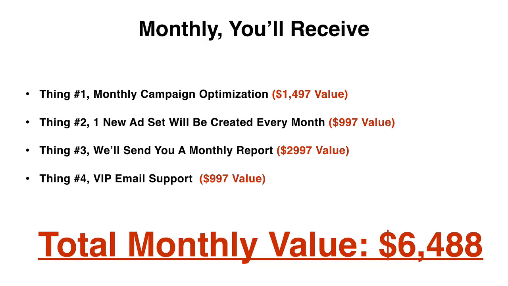This could be that seasonal offer or holiday offer that we talked about so that we can get a bunch of new customers and reactivation type of customers back into your business. And then thing number 3 is we'll send you a monthly report. And finally, you're gonna get VIP email support as well. This is a total monthly value, okay, of $6,488.